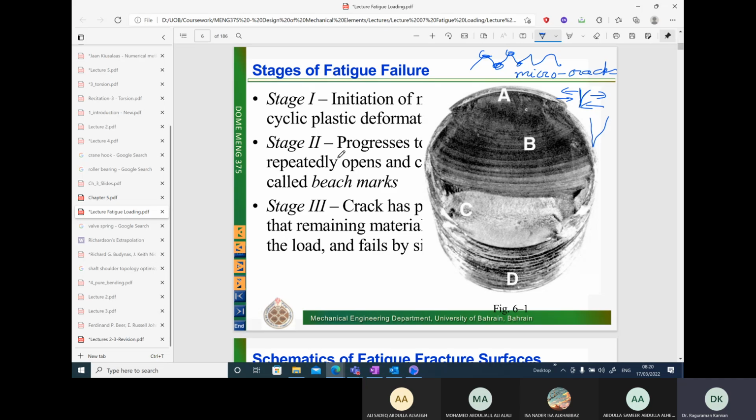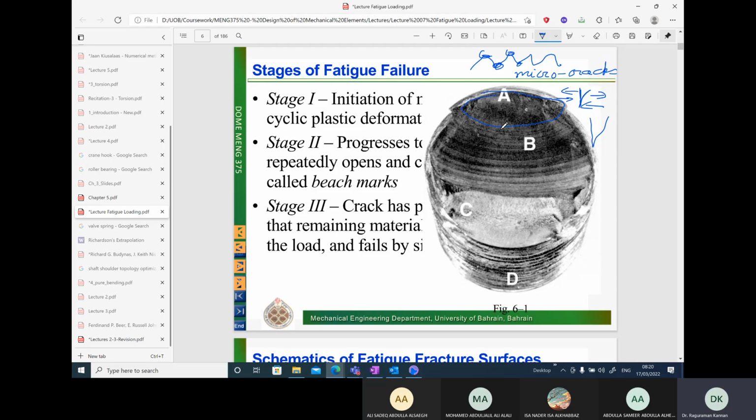Stage 2, again, the crack grows from micrometer length to larger lengths, and they go into the depth of the cross section. So this is the cross section you see for the bolt. The crack propagates, and then it goes into a certain depth. So this is the region A, what you see here. This is the initiation region.